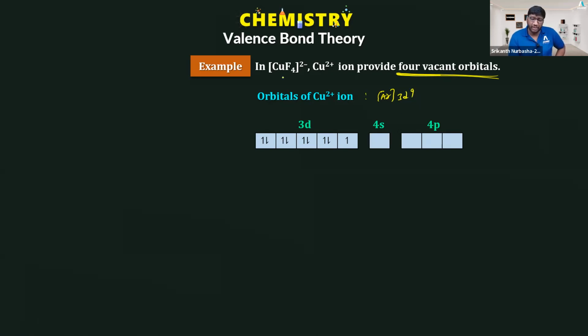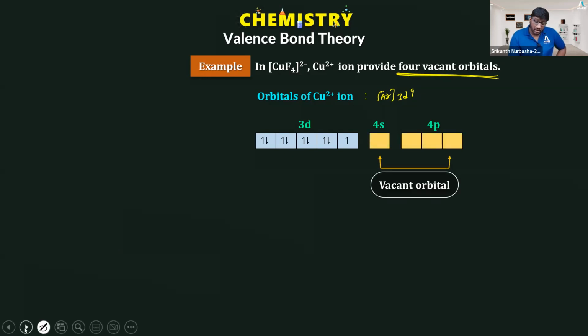And again F minus, fluoride, is also a weak field ligand. It cannot pair up, and there is no possibility of pairing also, because only 1 electron is present in 3d which cannot pair up with any other species. So you have 4s and 4p. This 4s and 4p, they are your vacant orbitals. So what is the hybridization you can expect here? sp3 hybridization, right?